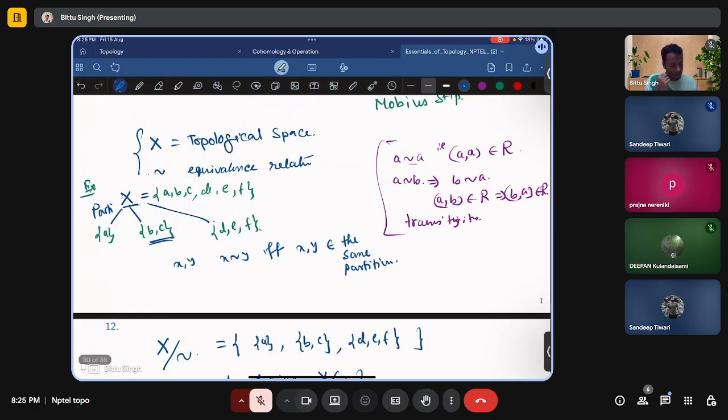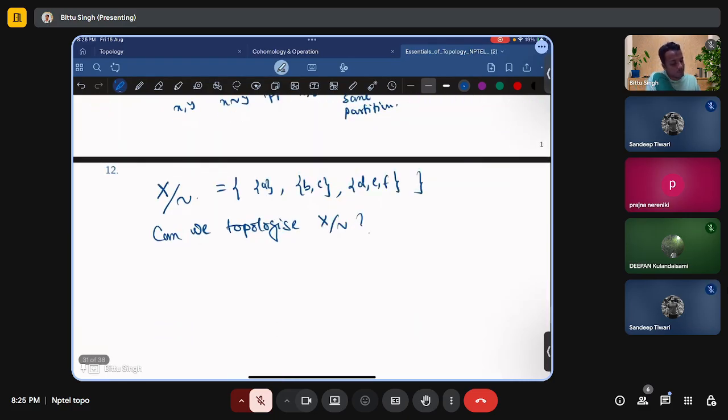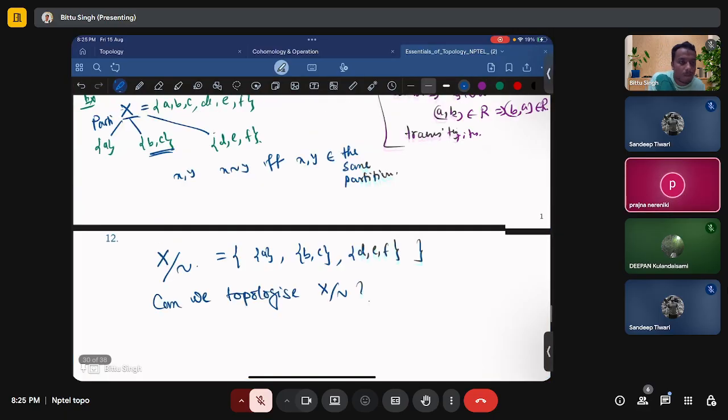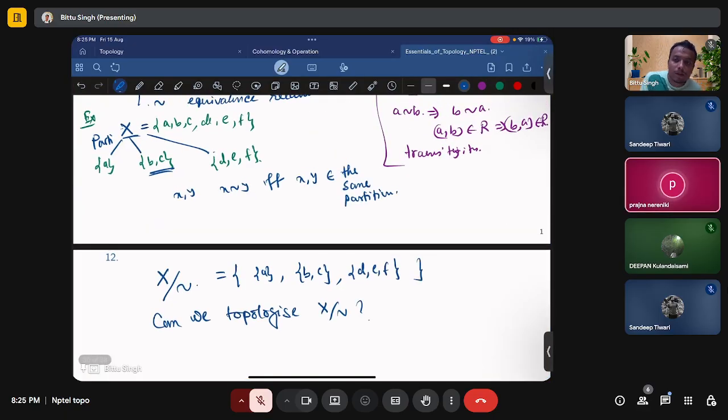Okay, so here it is slightly different. Let me say how this comes. Sir, if it can be formed as a subspace topology, but we can't do that for every set, right?